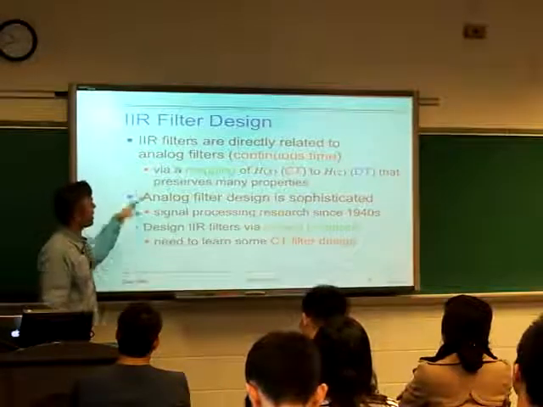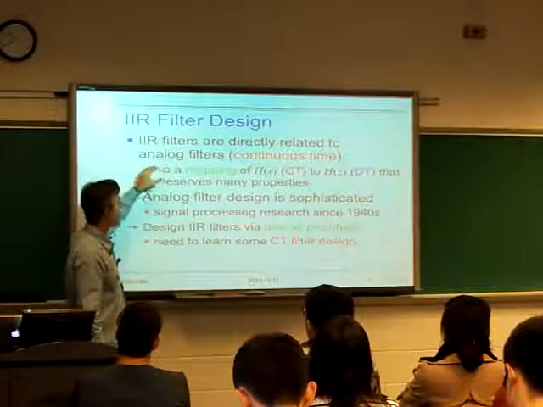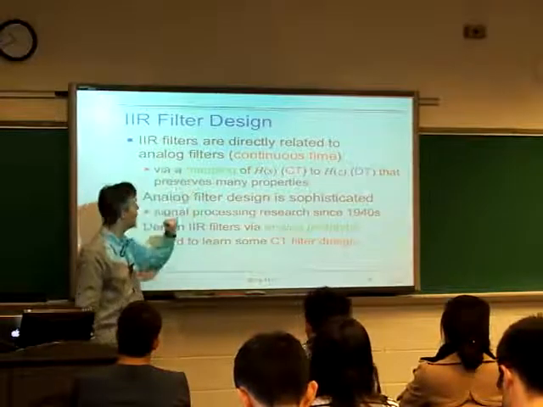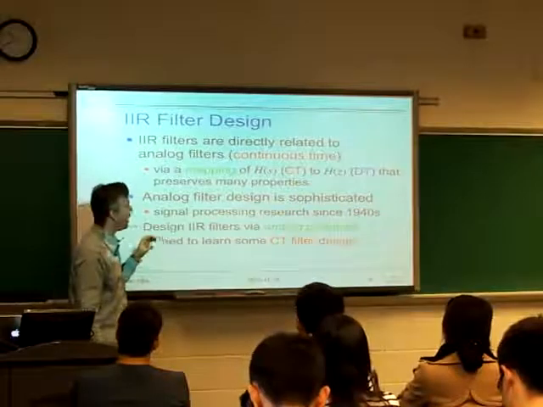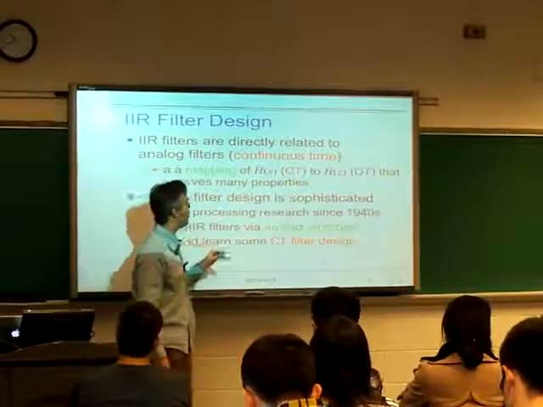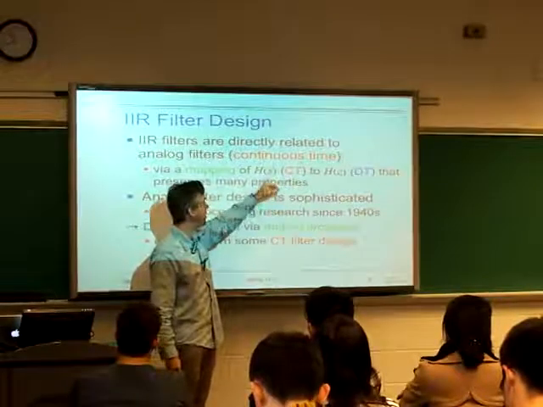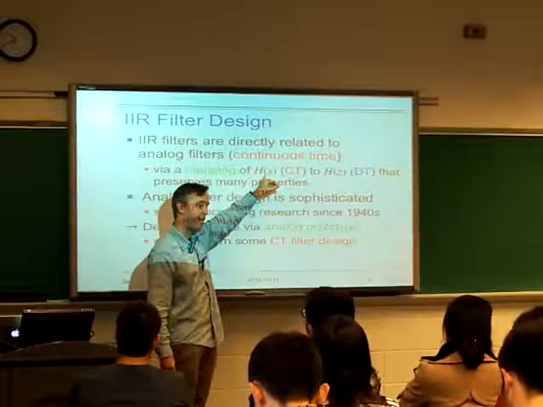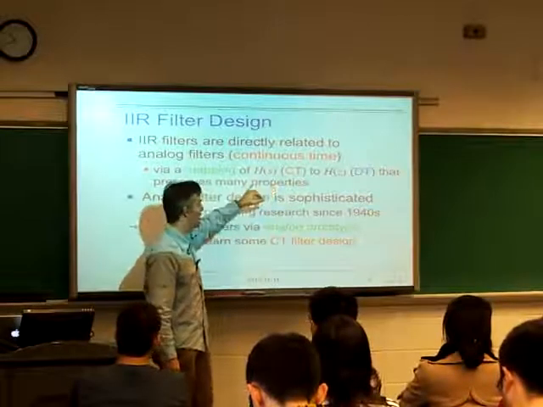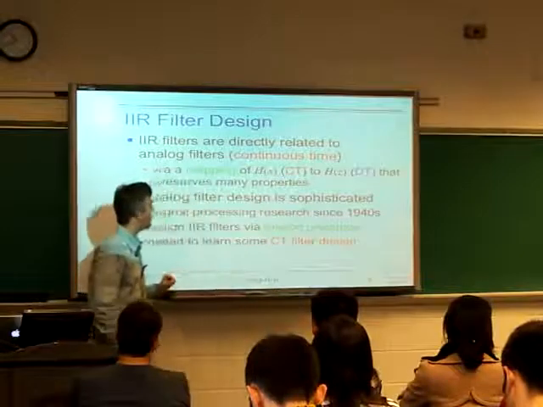As I said, discrete time IIR filters are basically inherited from analog filters, continuous time filters. In the analog domain, as we remember, but as we haven't spoken about this semester, we have this transform domain, the Laplace transform, which is in terms of a variable s, which is sort of like the z of the Z transform, but sort of not like it as well.